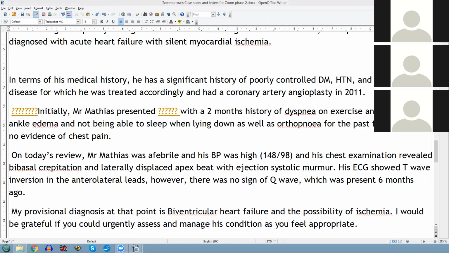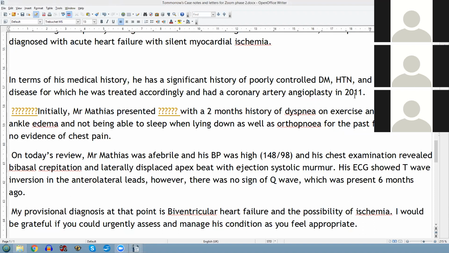Okay, sir, in the second paragraph, he wrote, in terms of his medical history, he has a significant history. So, in this sentence, don't you think it is redundant, history and then significant history? Well, it's not. I mean, the whole thing is like 203 words.